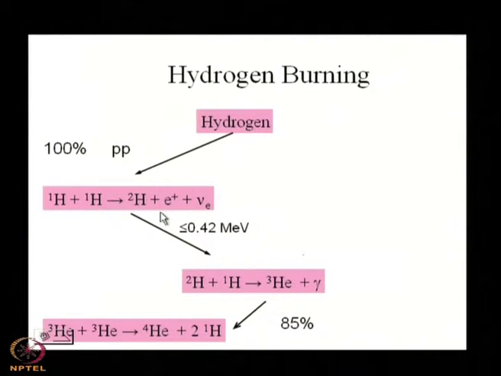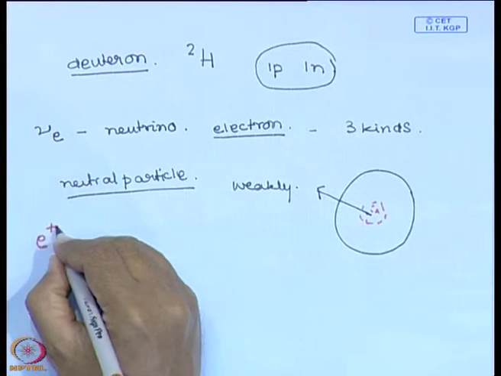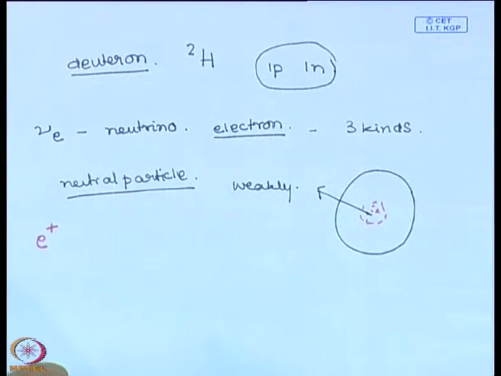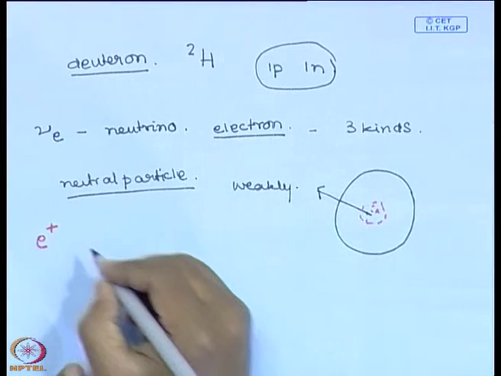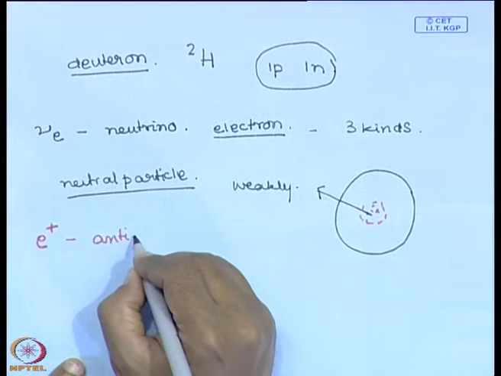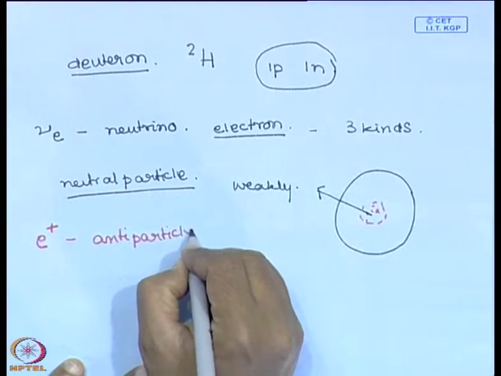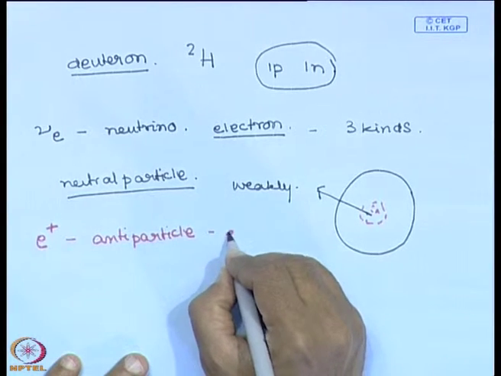The other product is a positron. So, let me also go through this. The other product is e plus. This is the antiparticle corresponding to an electron.